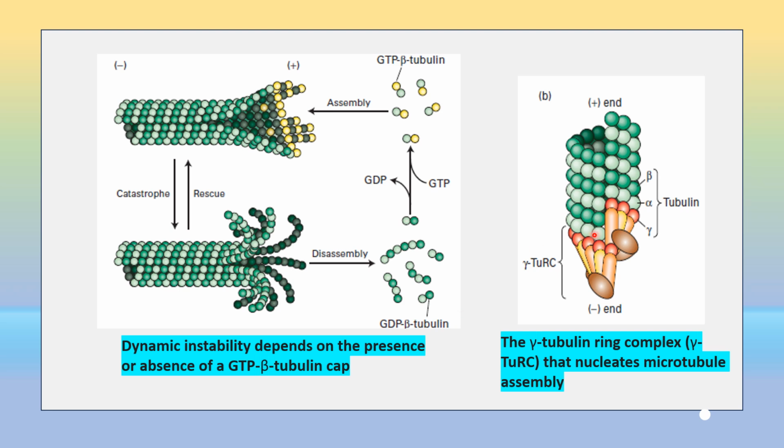Okay, now let's understand where this whole structure arises from. It is basically the gamma tubulin ring complex, also called the gamma TuRC. If you remember, earlier in the case of microfilaments we saw three processes, and we talked about nucleation as the very crucial step.